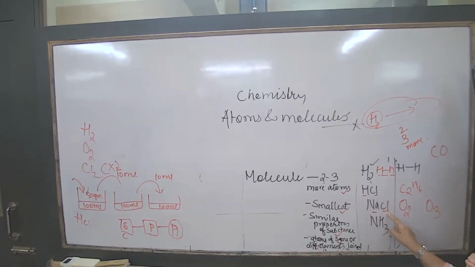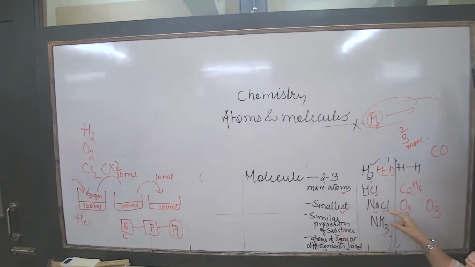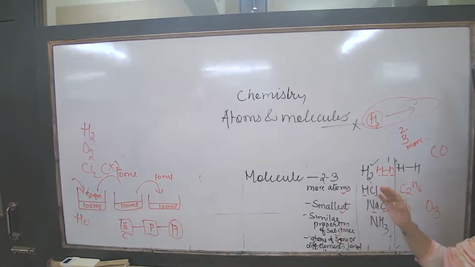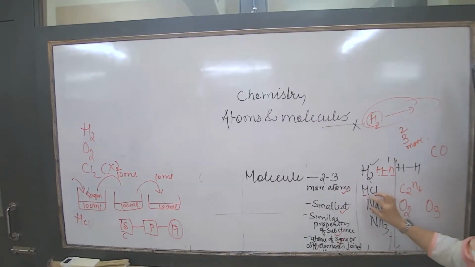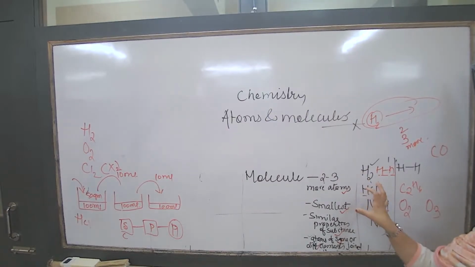Atoms of different elements joining in definite proportion to form a compound. So these are examples where atoms of different elements are joined and the proportion is also fixed.